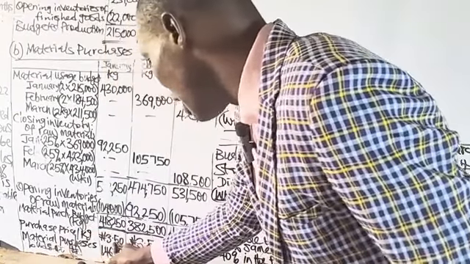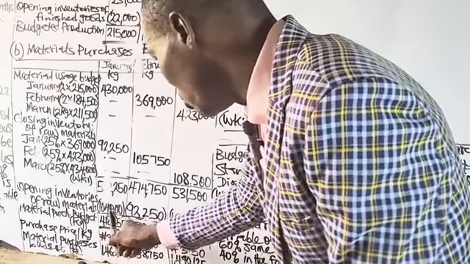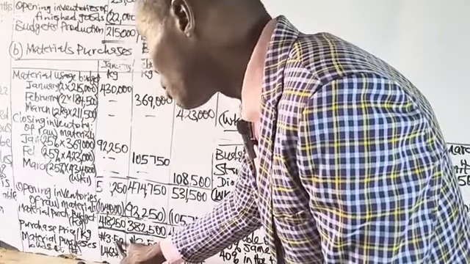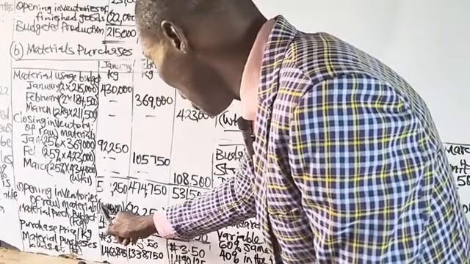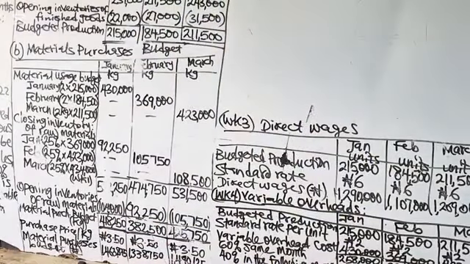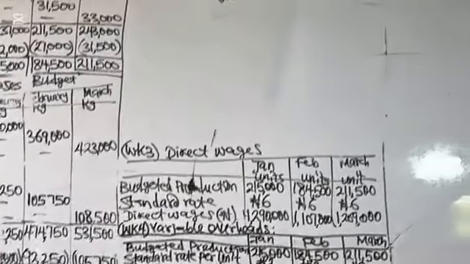Now, how much is the standard price per unit of material? Purchase price 3 naira 50 kobo. So if you want to value it now, 104,000 times 3 naira 50 kobo. This was given in the question as well. So let's value it now.